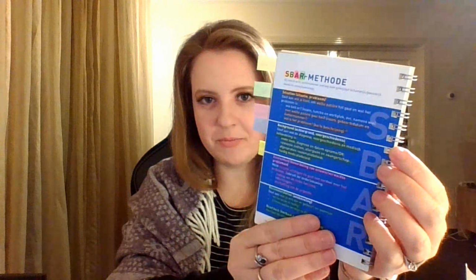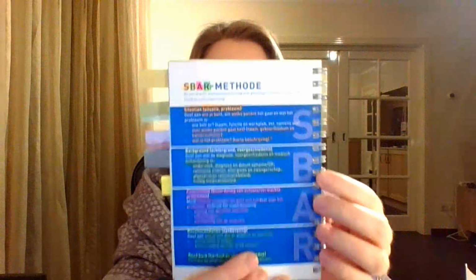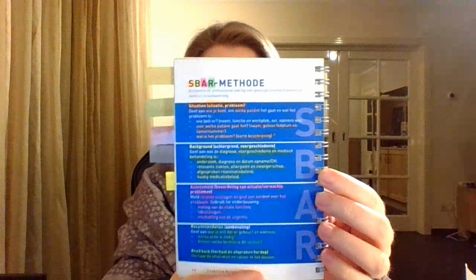Now, there's some things you need to remember about the clinical reasoning thing. Yes, you must use your MEWS, your modified early warning score. But the other important thing is also in this book, but we've learned this since our first year, SBAR. Who remembers SBAR? You need to do this in the clinical reasoning thing as well.